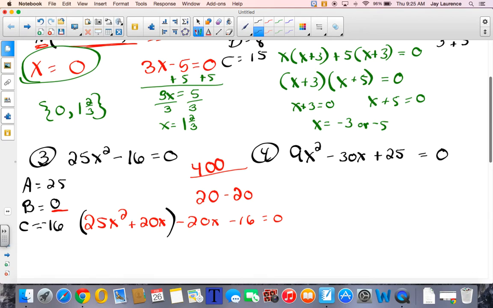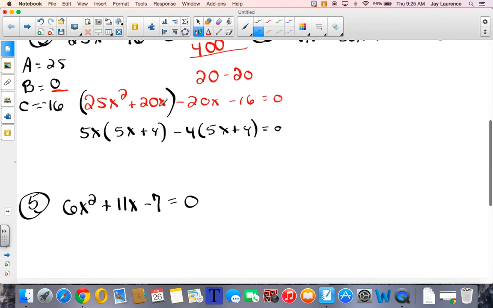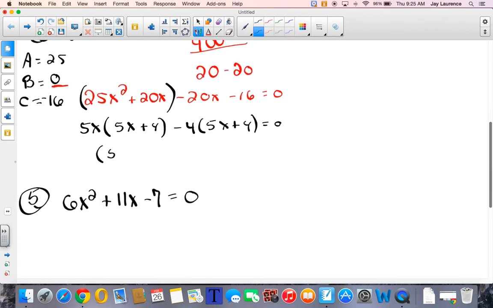So the GCF here looks like it's going to be a 5x. And I'll be left with a 5x plus 4. And then I will pull out a GCF of -4 here. And I'll get a 5x plus a 4. And it looks like I wrote that 5x plus 4 twice, so that'll be a GCF. I'll pull that out, and I'll be left with 5x minus 4 equals 0.